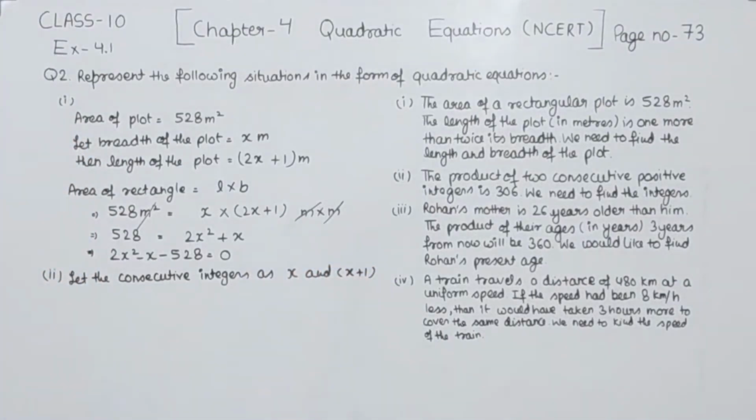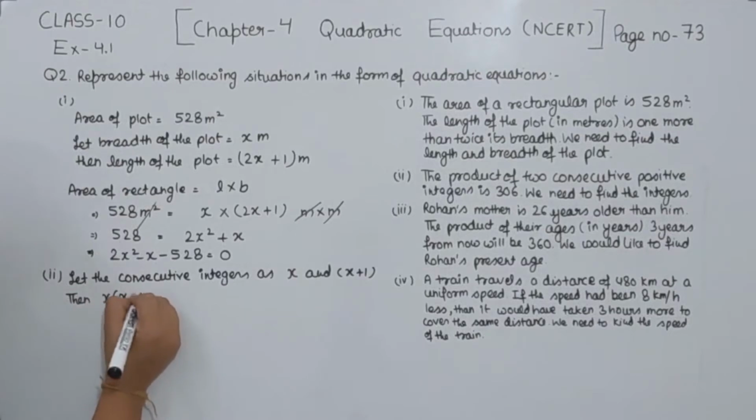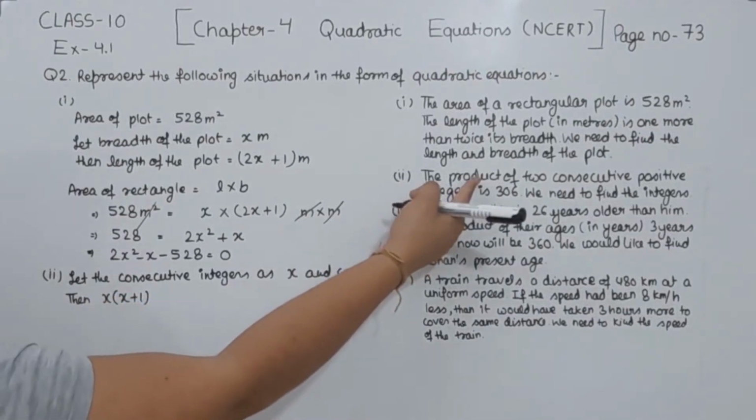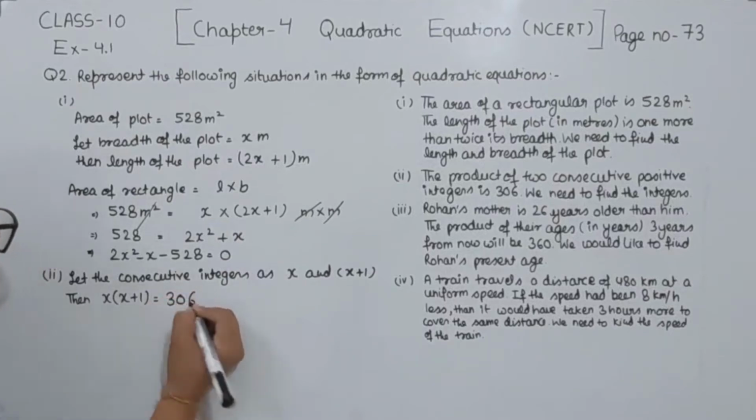So they both are the consecutive integers. Now the equation will be x multiplied by x plus 1 because we have to find the product, and this one is equal to 306.